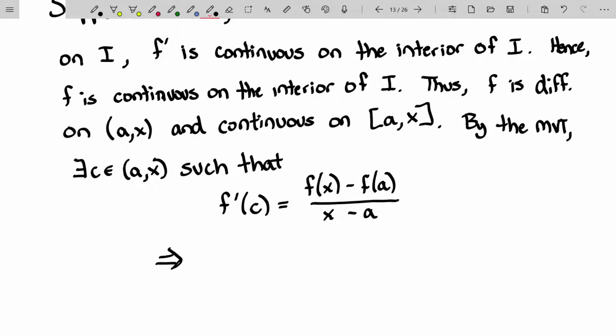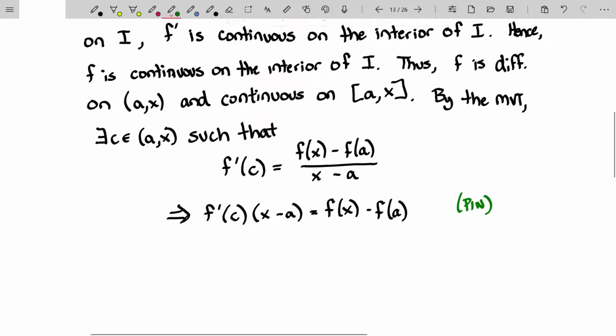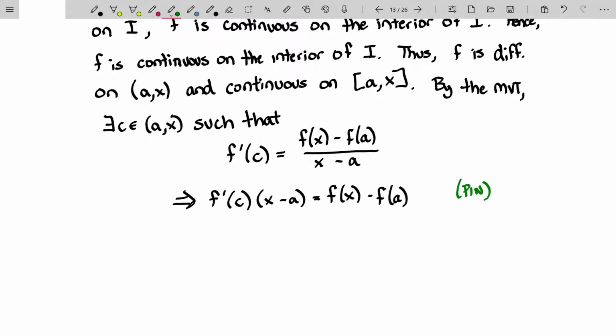Writing that in the alternate form, which I always have to do, that implies that f prime of c times x minus a must equal f of x minus f of a. Okay, not a big deal. Let's go ahead and just stick a pin in that. Pin, because we'll come back to that a little bit later. All right, so we have that equality set up.